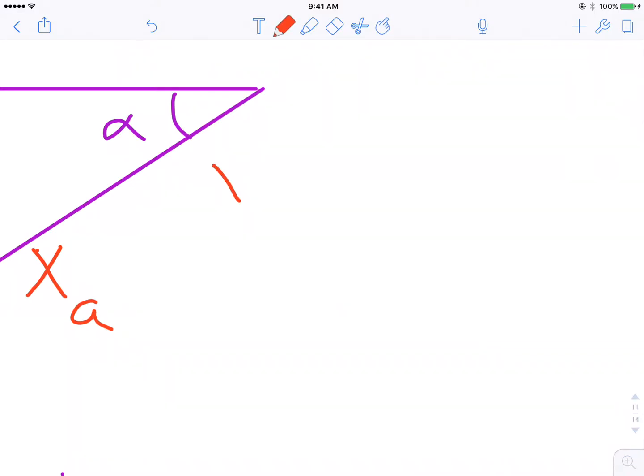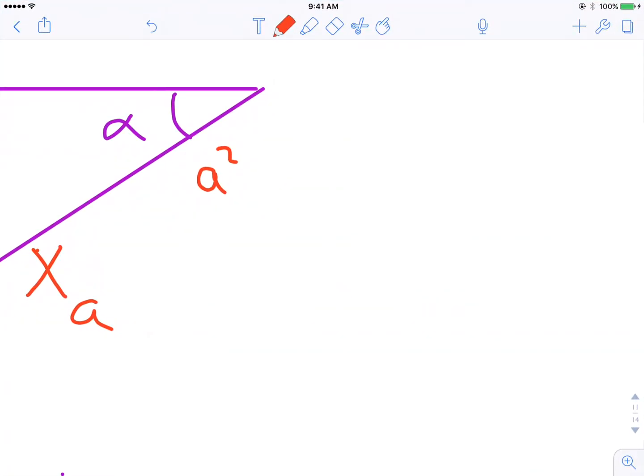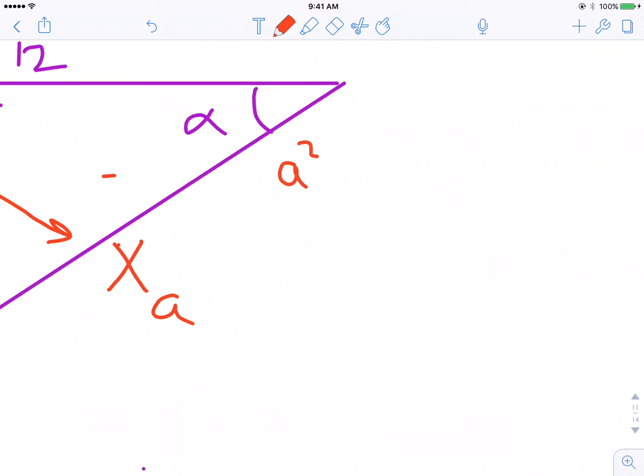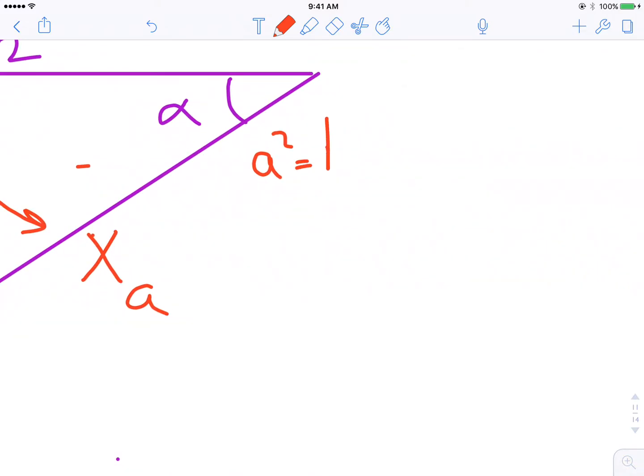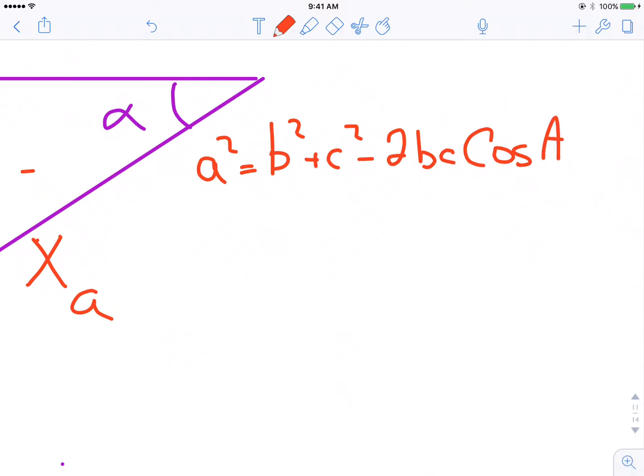No, let's start with the formula. A squared is equal to B squared plus C squared minus 2BC cosine A, which is going to be 12 squared plus 4.8 squared.